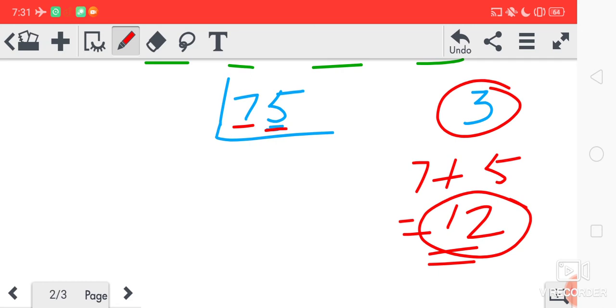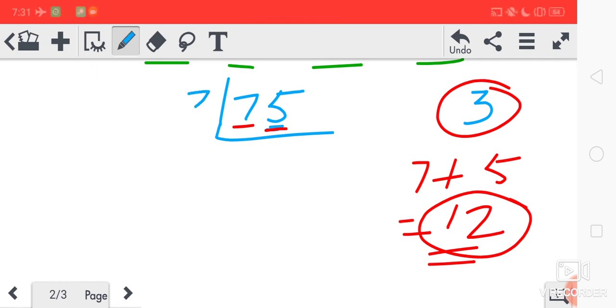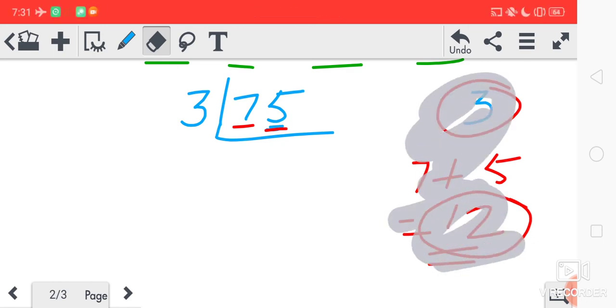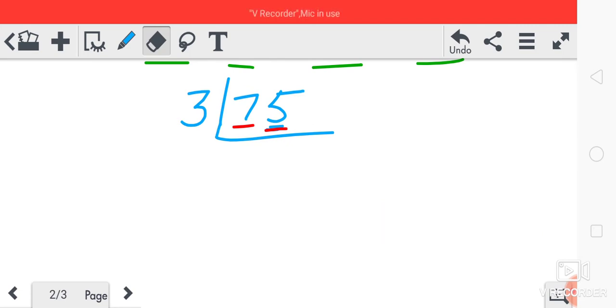Okay, 75 is divisible by 3, but by how many times? We don't know. So what will we do? We'll divide 75 by 3.